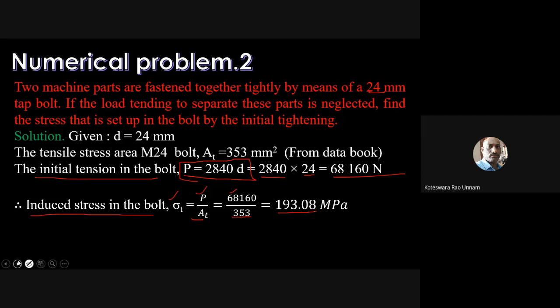Okay, so this is about the stresses due to the initial tightening. Even though you have five types of stresses induced due to initial tightening, we will concentrate mainly on the tensile stress, and we have seen two example problems of how we can compute the tensile stress in the bolt due to initial tightening.